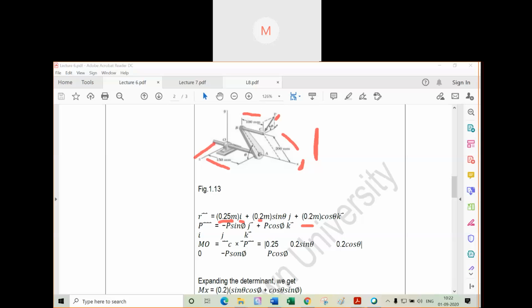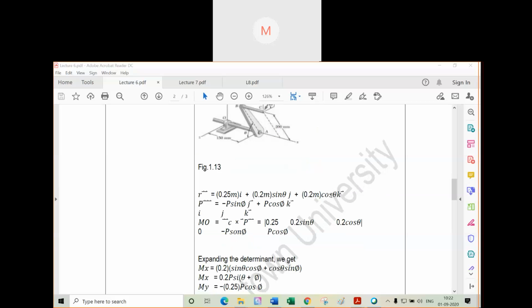So it will have one cos theta component and one sin theta component, but from this side it won't have any component. So it is only minus P sin theta j and P cos theta k. Why minus P sin theta? Because it is coming down, in this direction. And here it will be P cos theta.